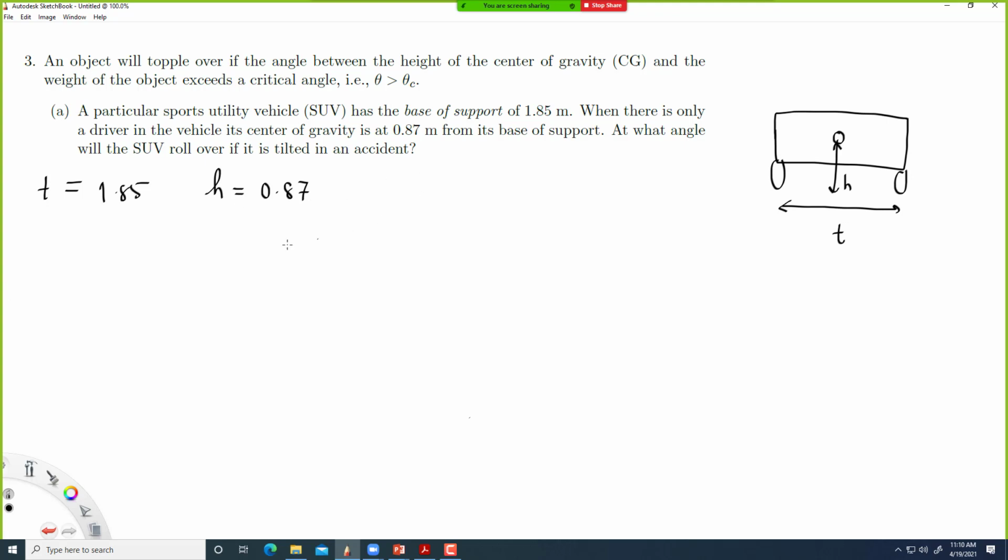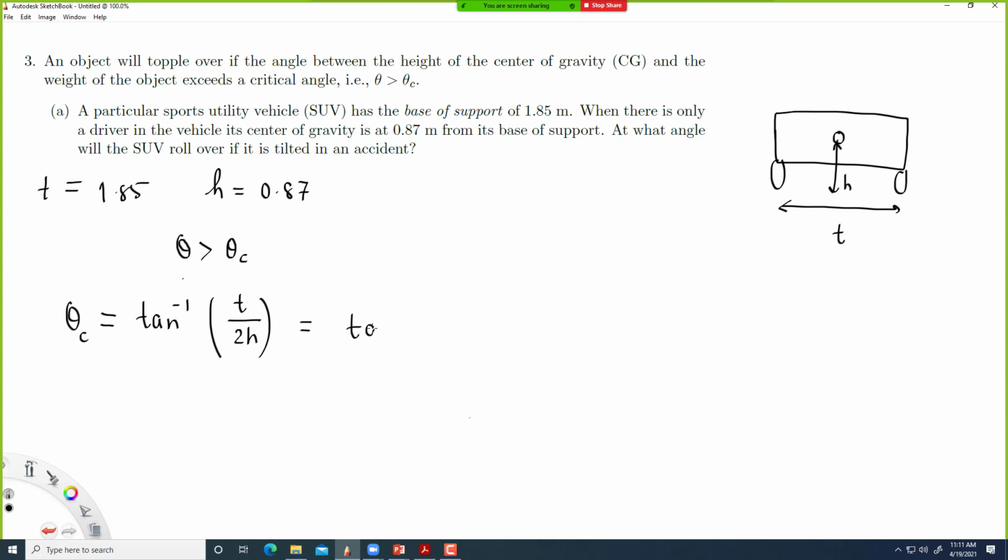So we know that the SUV will roll over if the angle of tilt is greater than critical angle. So if we can find critical angle, then we know at what angle it will roll over. So we need to find theta c, and theta c is given by tan inverse T over 2H. Okay, that's the formula for theta c.